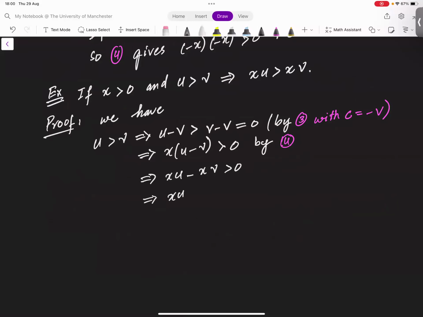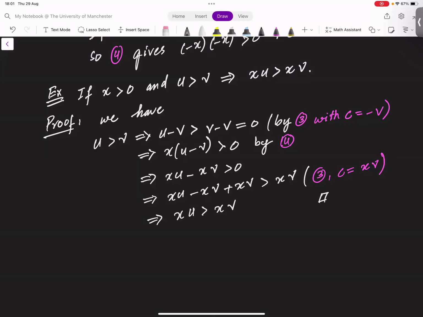Then xu minus xv plus xv is greater than xv, and this is again by rule 3 with c as xv. Then this shows xu is greater than xv. Perfect.